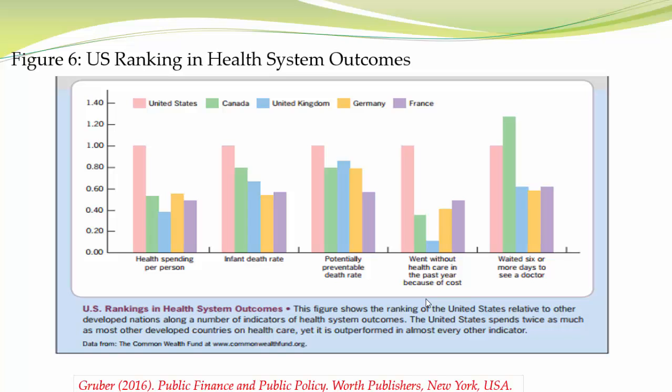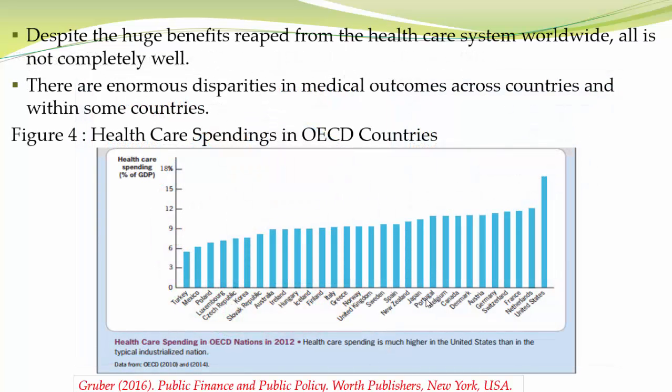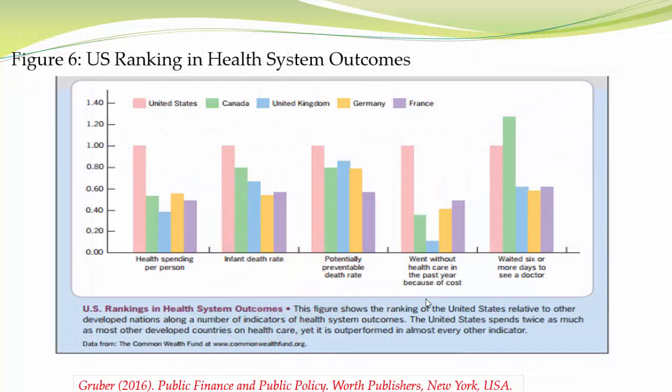US ranking in health system outcomes. In this slide, we discussed the spending of the different states or the different countries, developed countries, on healthcare system. This is an interesting diagram where we see the health system outcomes.